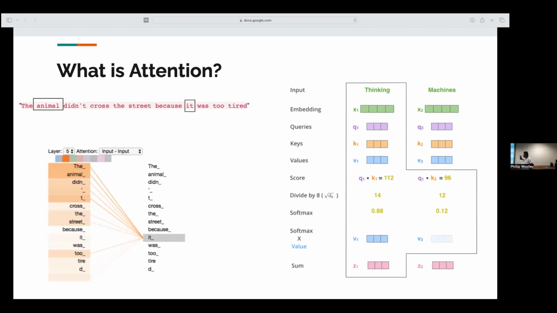As you can see, this is paying most attention to its own word, but only a small amount of attention to the word machine, right? And when you have these two vectors, you just concatenate them to get the attention score for thinking. And you do this process again for machine, and again for the third word, for the fourth word. That way you have the attention score for all the words in your sequence.